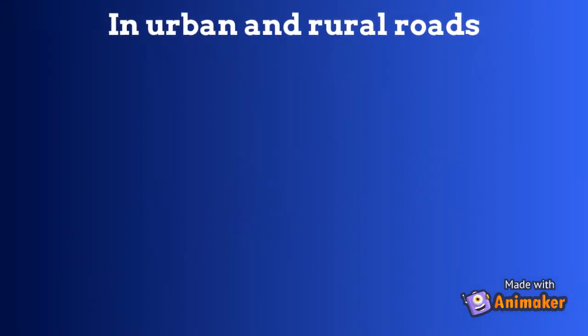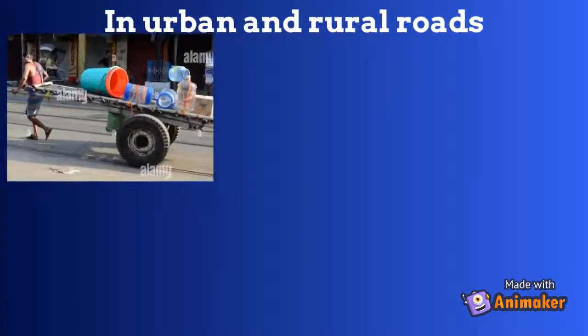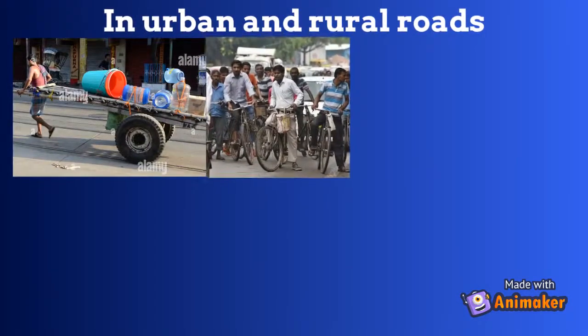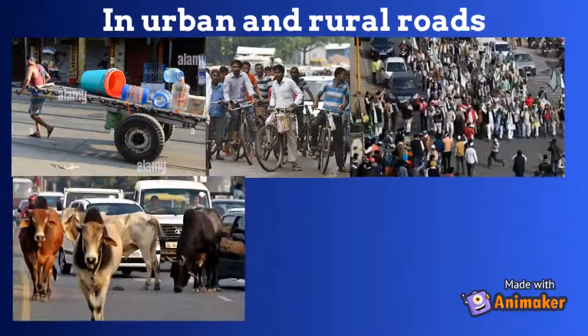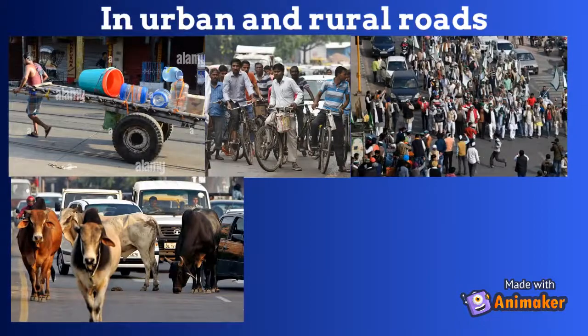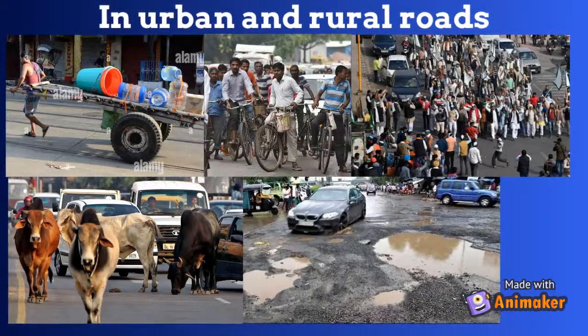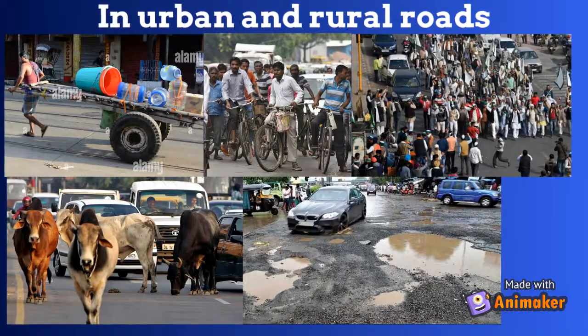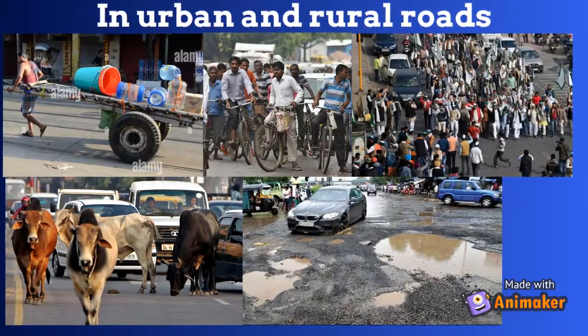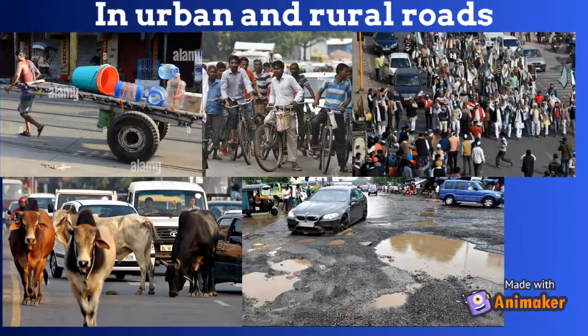In urban and rural roads, except that of highways, drivers face interruptions in the road in the form of slower moving hand-pulled or bullock carts, bicycles, pedestrians, and stray animals due to the lack of access control. The road pavement quality is not always the best in class. Hence, drivers and motorists have to always remain actively engaged and pay attention to what the other commuters are doing.